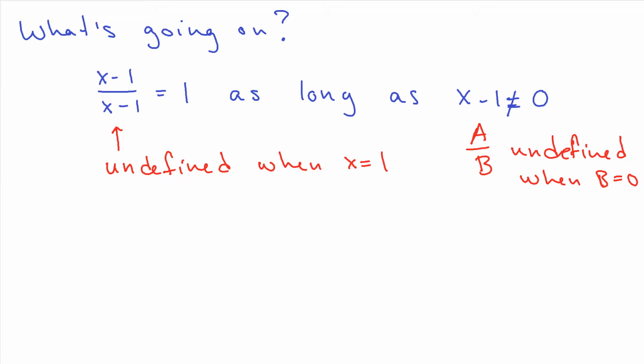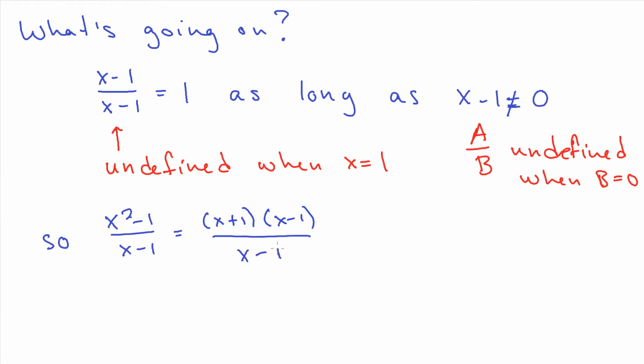So x squared minus 1 over x minus 1, again you factor the top and you have x plus 1 times x minus 1 divided by x minus 1. These cancel, except when x minus 1 is equal to 0, i.e. x is equal to 1.